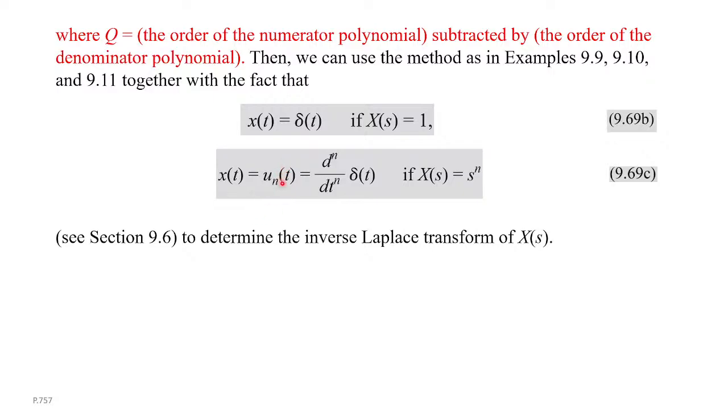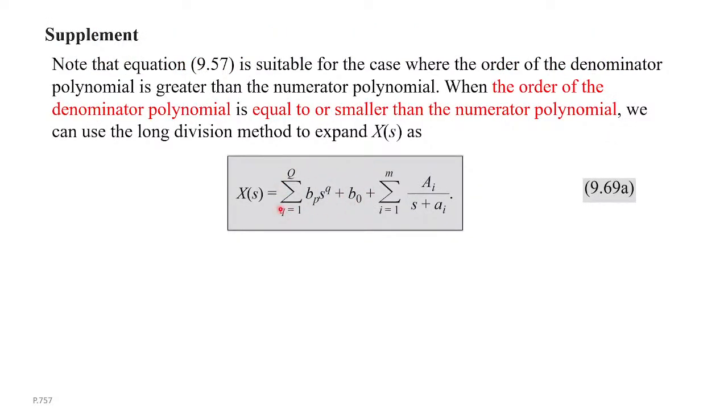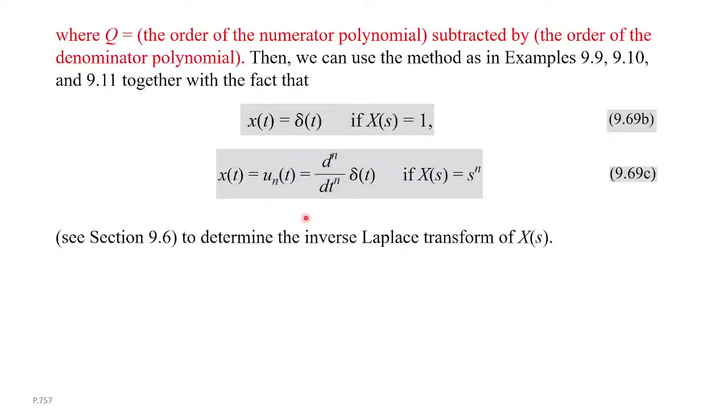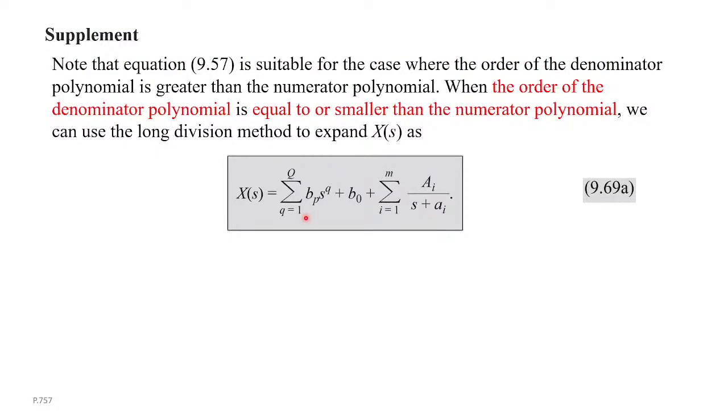Delta of t is also u0 of t, and so it gives you a whole bunch of un here. And also, I think another thing to say is those polynomials obviously don't have poles, so the ROC is everything, and so you don't need to think about the ROC.